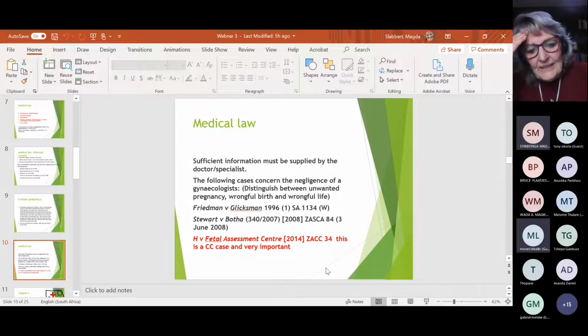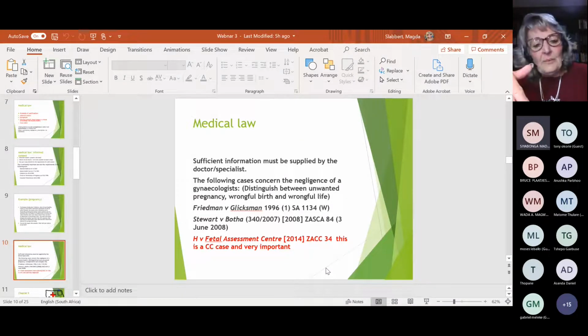So they instituted action in the High Court in Cape Town, and then the defendant came with an exception and said that there's no cause of action because wrongful life claims are contra bonos mores in our legal system. And then the court upheld it.